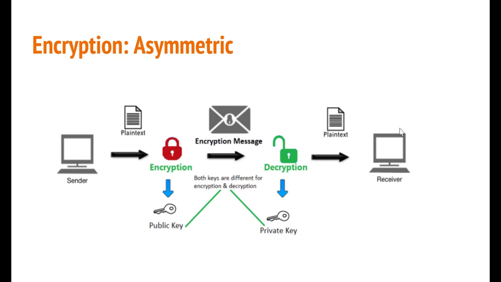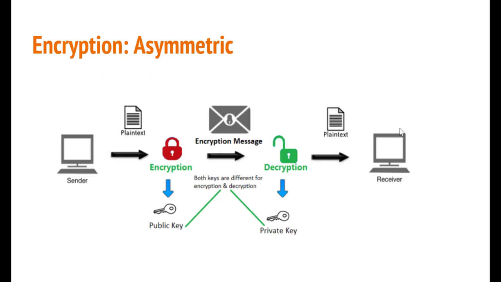Here is the asymmetric encryption. Unlike symmetric encryption, it has two types of keys. One is the public key, another is the private key. The public key is basically for sharing with others, and the private key is to keep with the actual receiver, right?